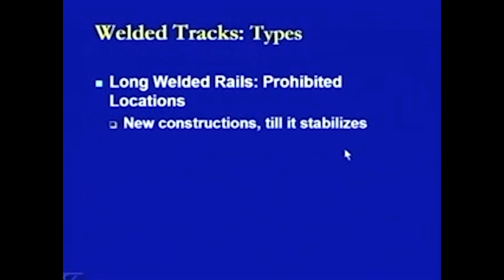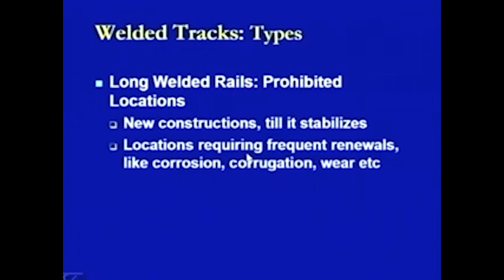In such a condition, if any problem associated with the rail occurs, then the whole of the long welded rail section has to be removed if LWRs are provided. Therefore, what is being suggested here is that we have to wait till the section stabilizes, and as soon as the section stabilizes, that section can be converted to the LWR section, that is, the long welded rail section.